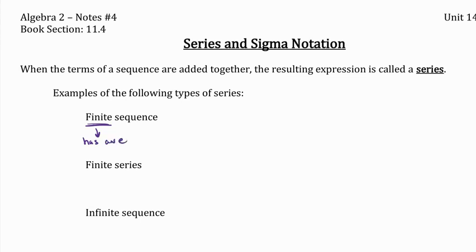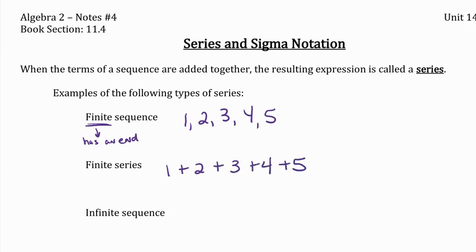So a finite sequence would be something like 1, 2, 3, 4, 5. My sequence starts with 1 and ends with 5. For a finite series, I'm going to take those same terms and add them all together: 1 plus 2 plus 3 plus 4 plus 5. Now it's a series because we're adding all those terms together.